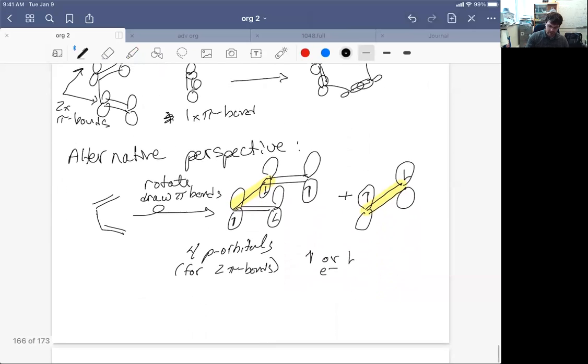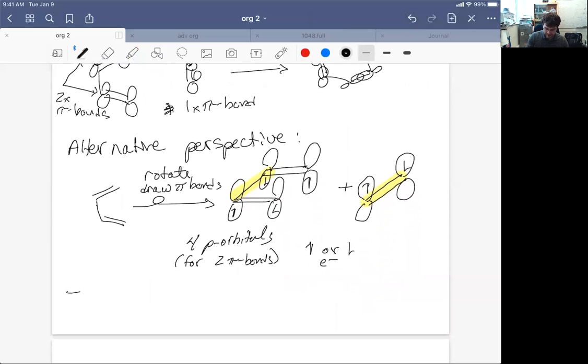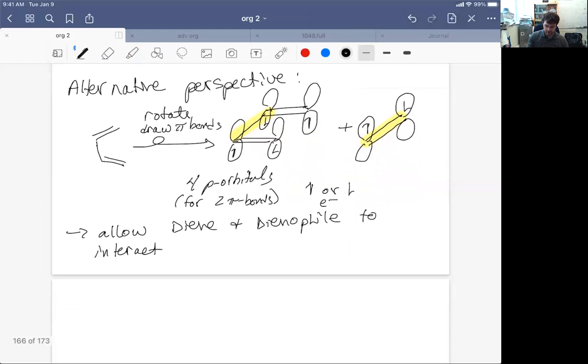So what we're going to do is allow the diene and dienophile to interact. What that looks like is we're going to once again consider our perspective drawing, except I'm going to avoid the electrons.